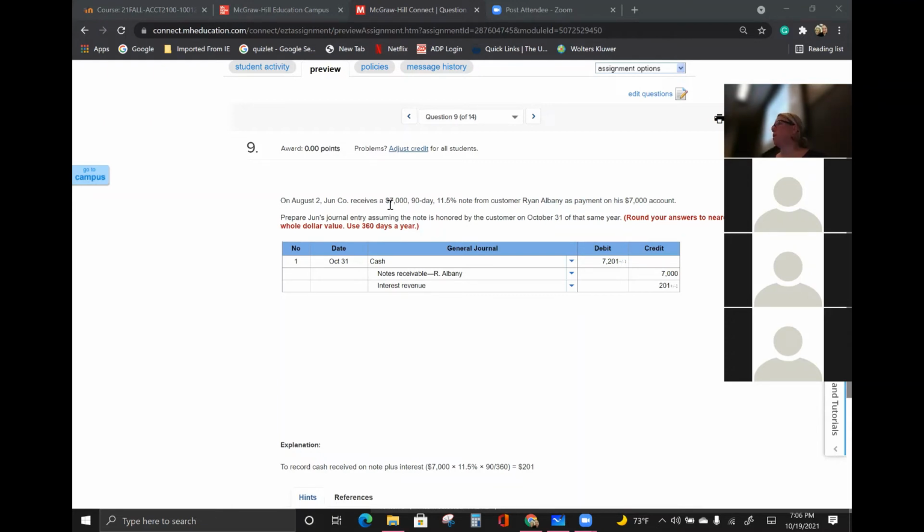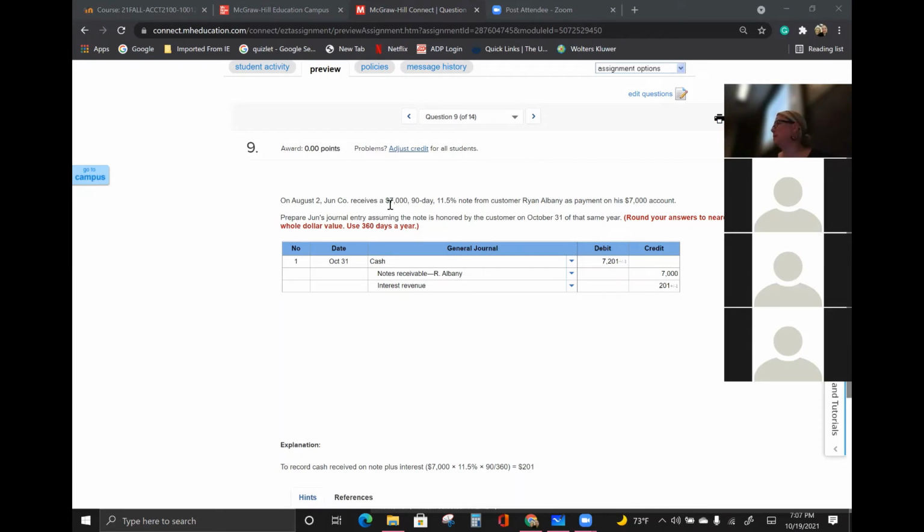We don't want the whole year. So we have to divide it by 360 to get the daily amount. So we're saying a 360-day year. So we take the amount divided by 360. That gives me my daily interest. And then I have to multiply it by the 90 days.